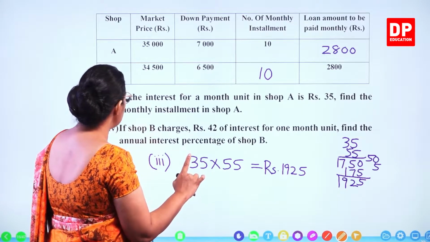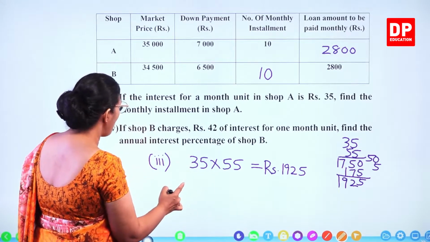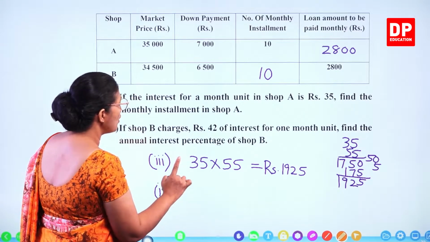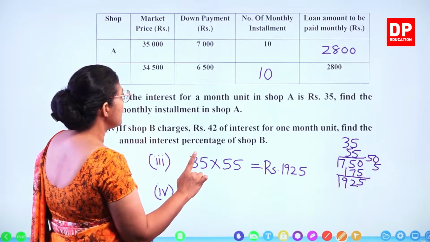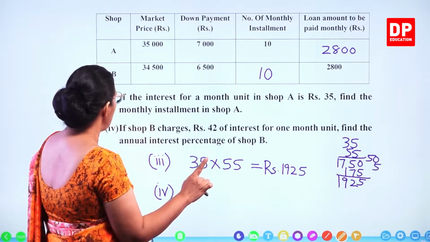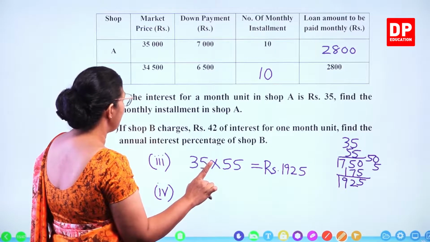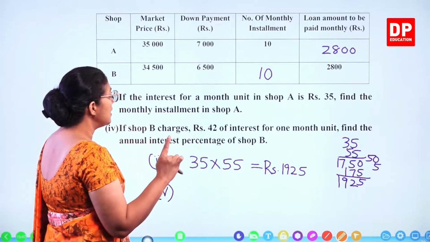And then it says part 4, if the shop B charges 42 of interest for 1 month unit, find the annual interest percentage of shop B. So what is the amount?